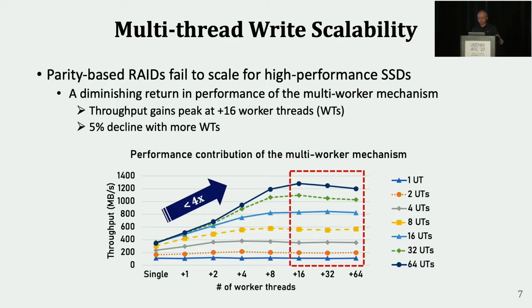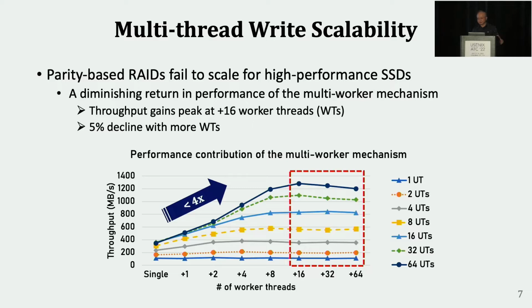So to further analyze the performance contribution of the multi-worker mechanism in the parity-based RAID, we invoke up to 64 user threads and enable the multi-worker thread mechanism with the number of actual worker threads varying from 1 to 64.